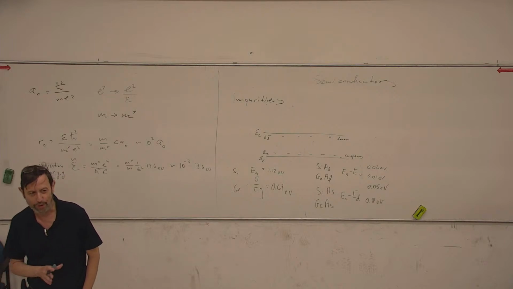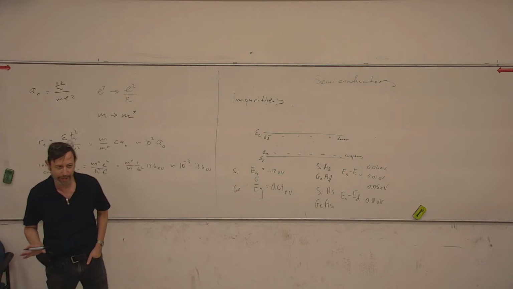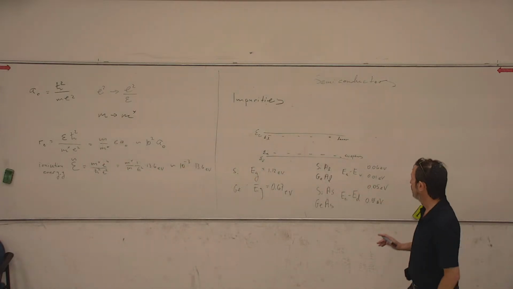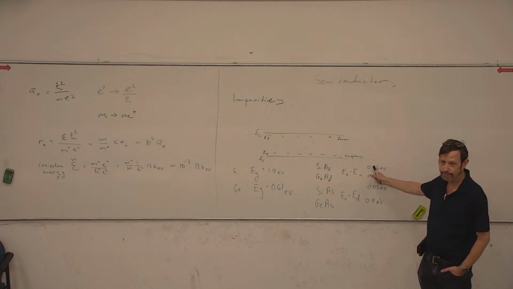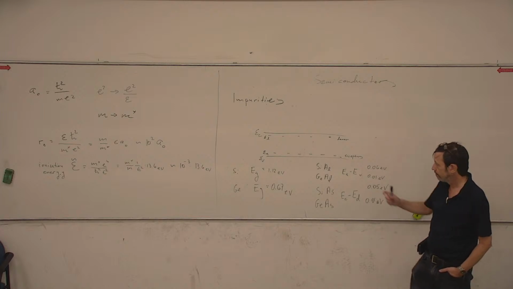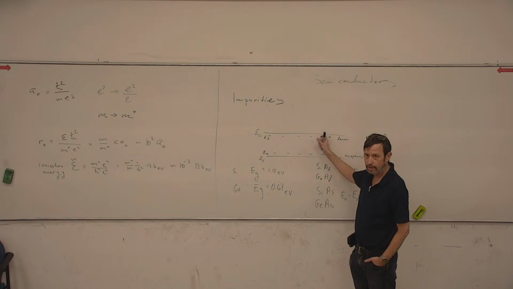You may be more exact than me, but I remember a quarter of an electron volt. Look at these numbers. Meaning in room temperature, these donors are actually in the conductance band.